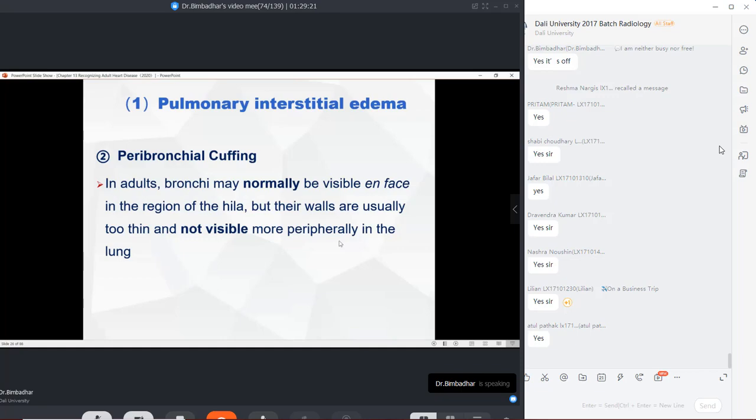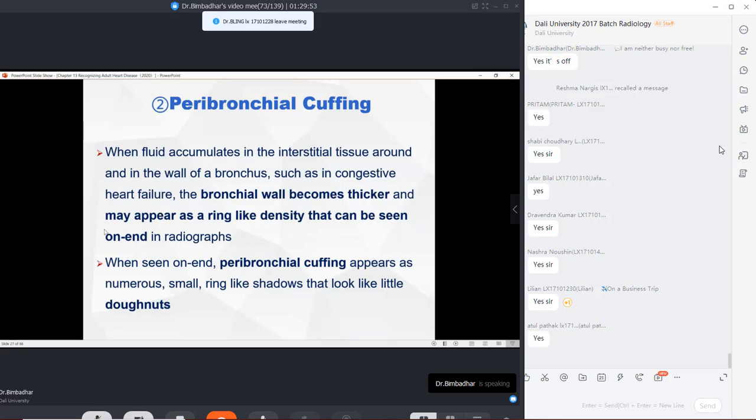In the periphery of the lungs, their walls are too thin and they are not visible. But if they become visible, it is called peribronchial cuffing. The bronchi are not visible, but if they start appearing on the chest radiograph by thickening, it is called peribronchial cuffing. That thickening happens because of the fluid accumulation in the interstitial tissue around and in the wall of the bronchus.